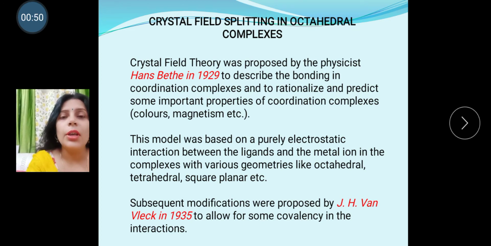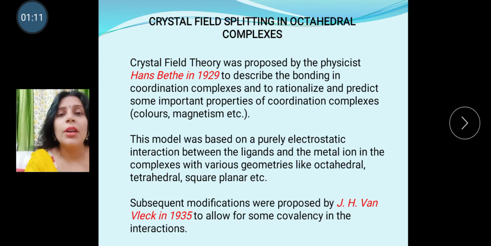Actually, this theory was purely based on electrostatic interaction between the ligands and the metal ions in the complexes. So, unlike the valence bond theory, this theory has no overlapping of the orbitals, but instead of overlapping, there is electrostatic interaction.